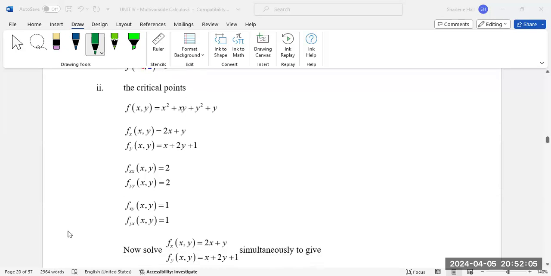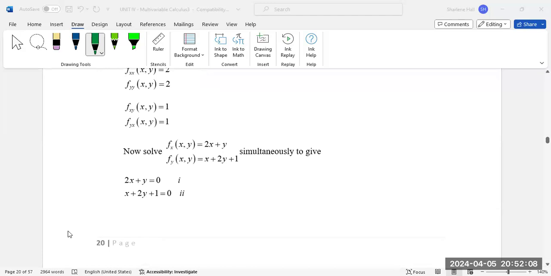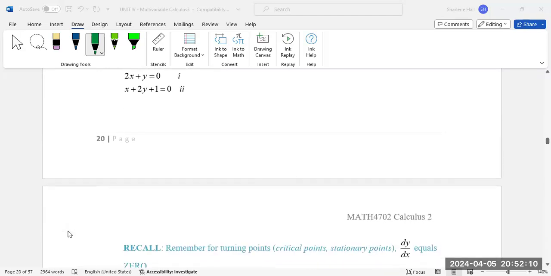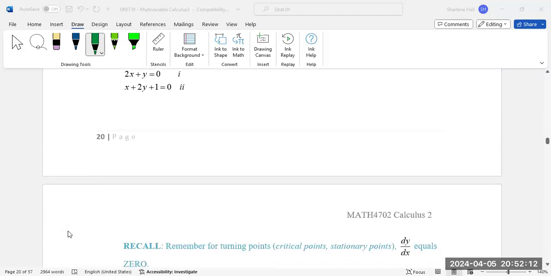So come, Shamari. What was the critical point? I got 2/6 and -2/3.